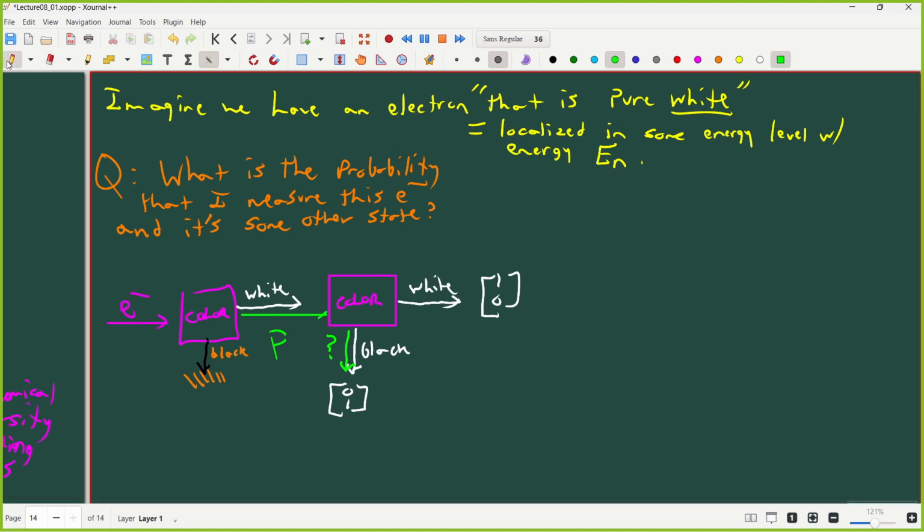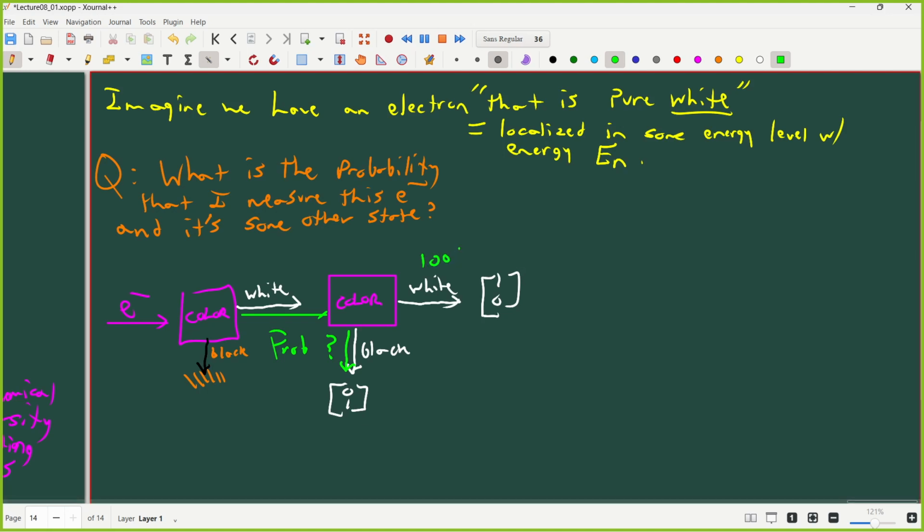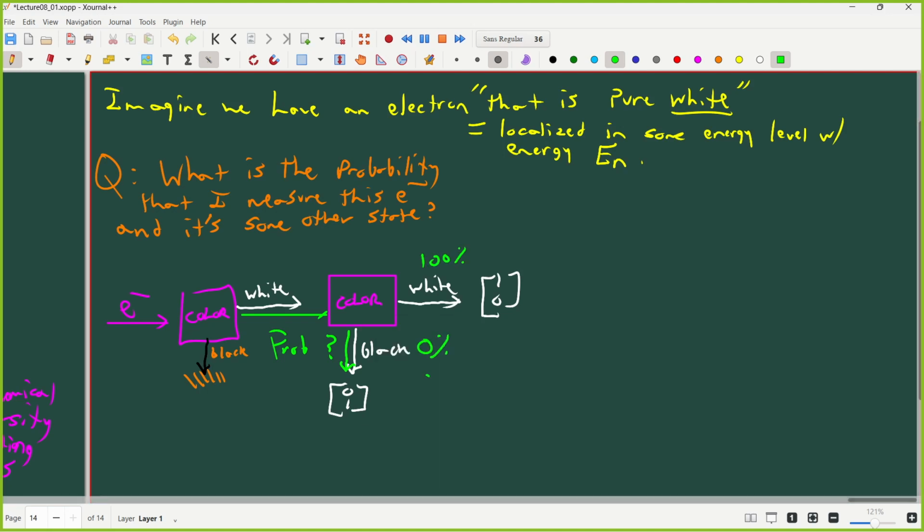And of course, you know from problem set 1, it's very easy to calculate this. There's zero probability of this. Every white electron that goes through the second color box goes through the white. This is 100%, and this is 0%.